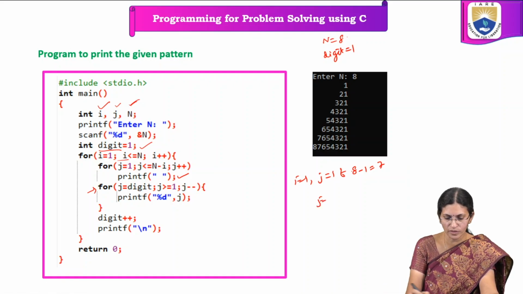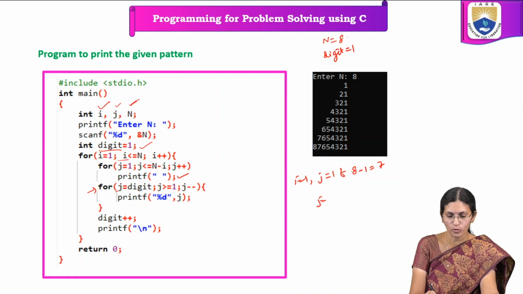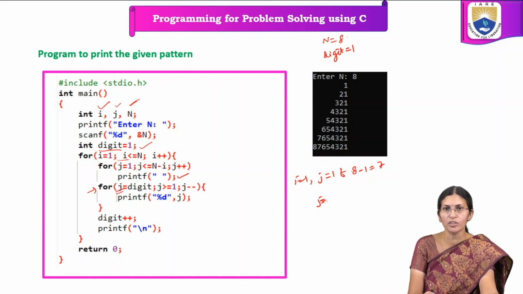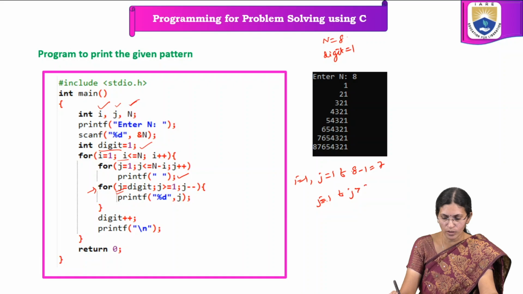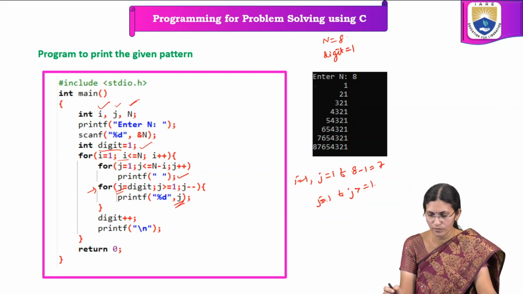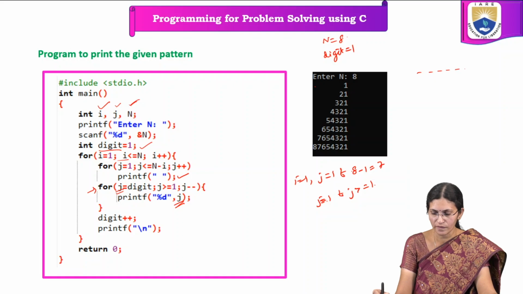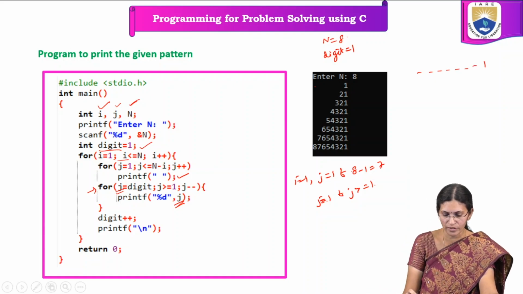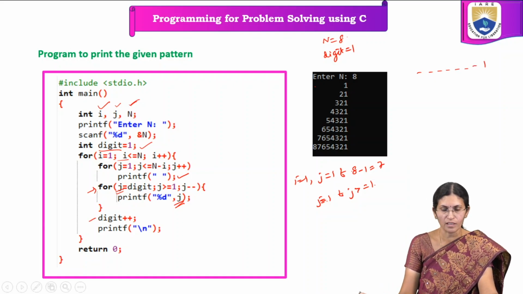In this for loop the looping variable is j, and its initial value is j equal to digit, so j equal to 1 to j greater than or equal to 1. That means it will execute this statement only once. So after 7 spaces, 1 will be printed. Next, the digit value is incremented by 1.